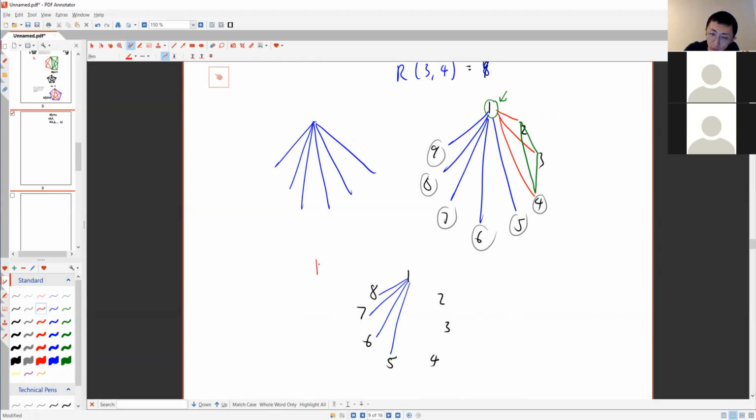Let's say we want a red K4 or a blue K3, right? If any of these are blue, then we're done. We have a blue K3. On the other hand, if all 6 of these are red, then we have a red K4, right? So then we're also done.